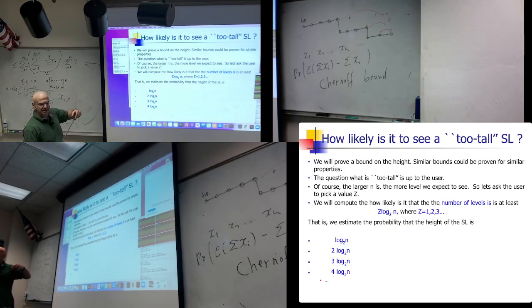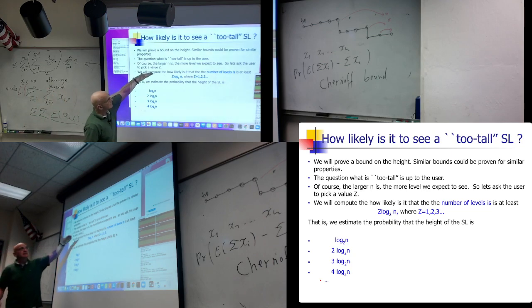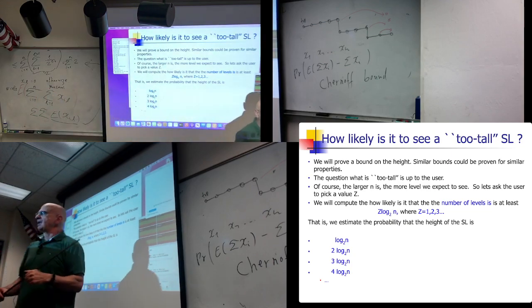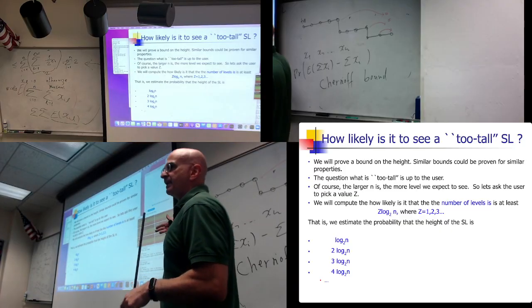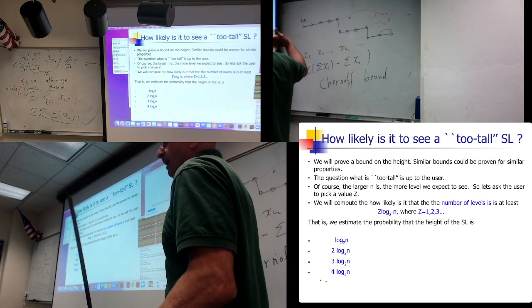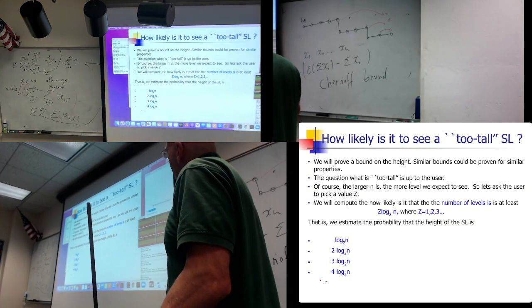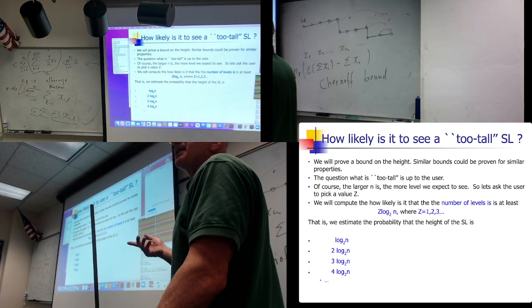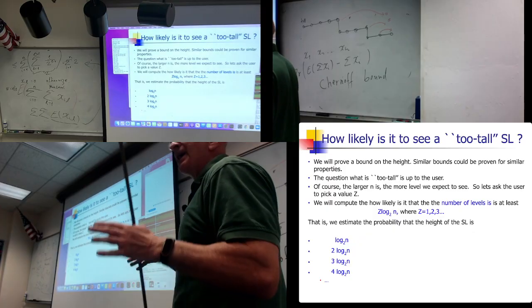Here is one that I thought is really simple and easy to understand. Let's look at the height of the skip list. Height of the skip list is just how many levels I have right now, of course, I don't have any empty levels. If the uppermost level is empty, I delete it. So what would be the average number of levels?